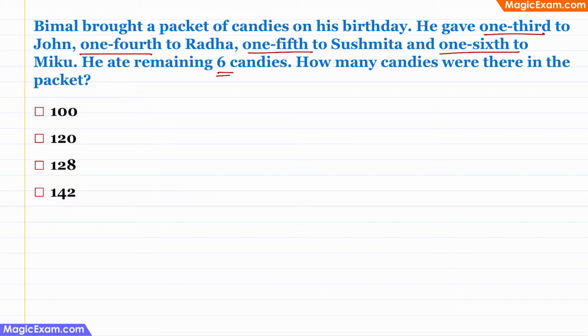So let's write this entire problem in the form of an equation. Since we don't know the original number of candies that were there in the packet, let's take it as x. Now Bimal started giving away candies. So first he gave 1/3 to John. So that will be x minus x into 1/3. Then he gave 1/4 to Radha.